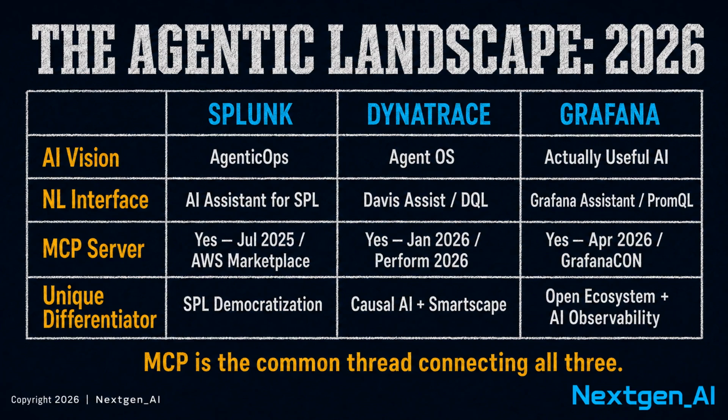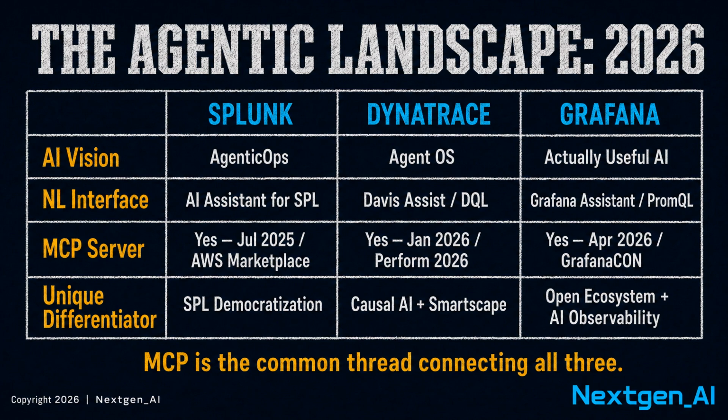To summarize our platform landscape, Splunk remains unparalleled for deep, unstructured log analysis, crucial in security operations and incident response. Its AI translates natural language into precise search processing language queries, democratizing data access and accelerating investigations.